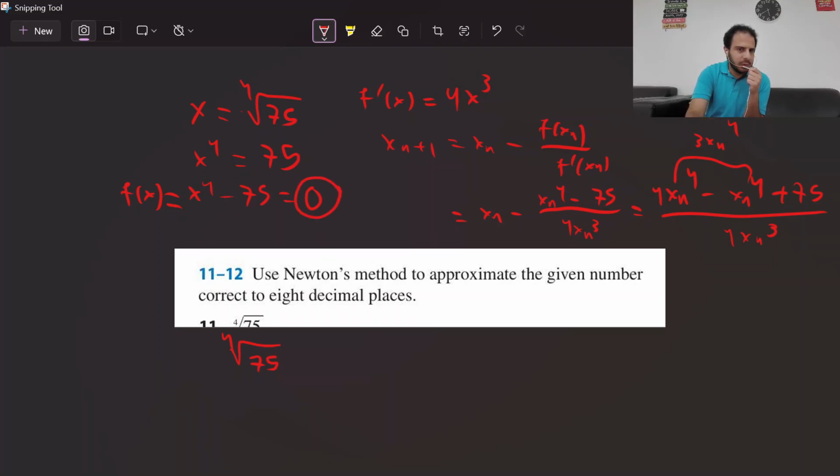Now we want this to equal 0, right? Yes. So you want to find a and b such that f of a is less than 0 and f of b is greater than 0. Good. You want this negative number and this positive number. What's your suggestion for a?